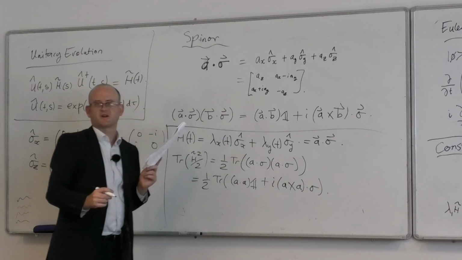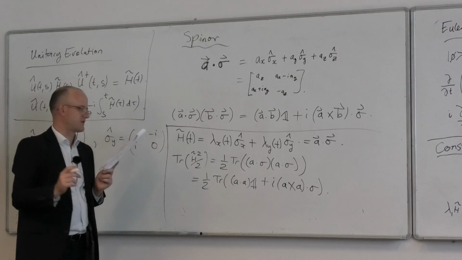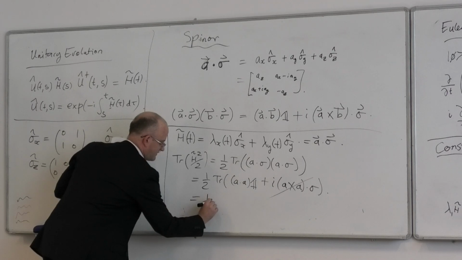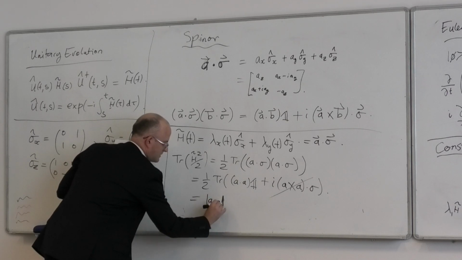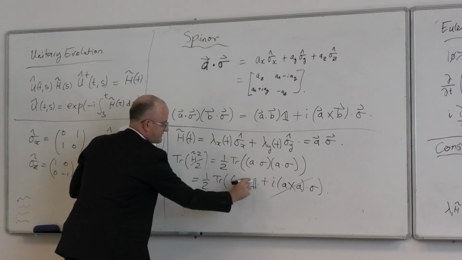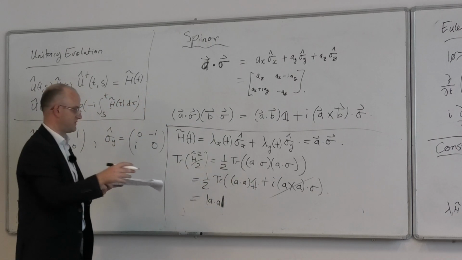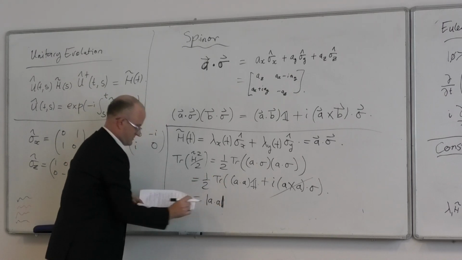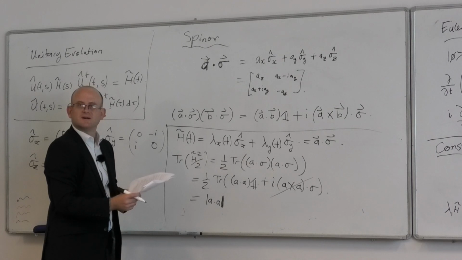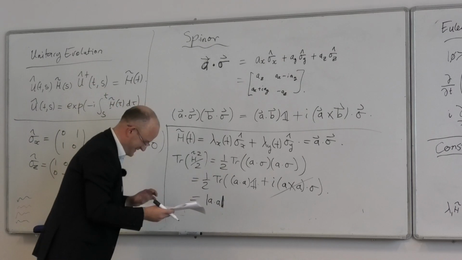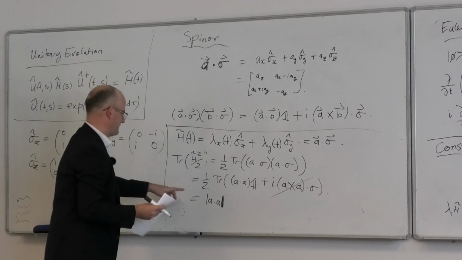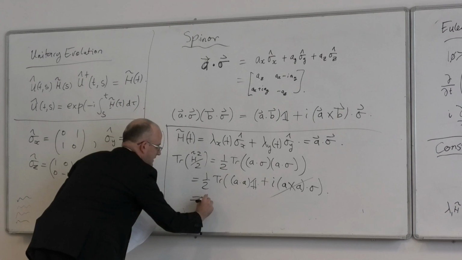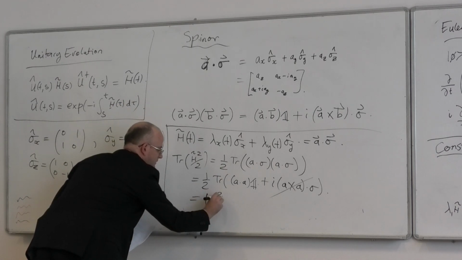What's the cross product of the vector with itself? 0. Right. Okay, so this bit goes. Okay, and we're left with A dot A, because the trace of an identity matrix is 2 in this space. Okay, so that cancels out that. And you cunningly put a half in front. Yeah, very clever that way. Okay. Alright, so let's just grab that. A dot A is just A squared.